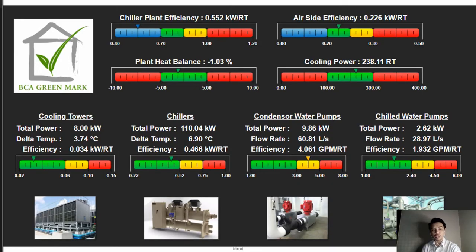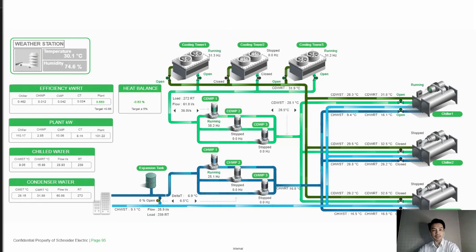We showcase examples like your chiller plant efficiencies, air side efficiencies, cooling power efficiencies, and plant heat balance efficiencies. We put certain color codes in relation to the point system stated in the BCA GreenMark requirements. Then we can also break them down into equipment like your cooling towers, a group of chillers, water pumps, and also the chilled water pumps. We monitor them based on the power usage, the temperature difference, and also their efficiency.